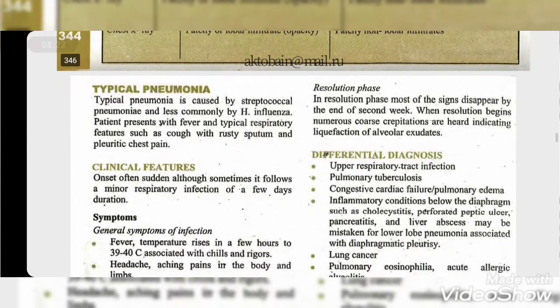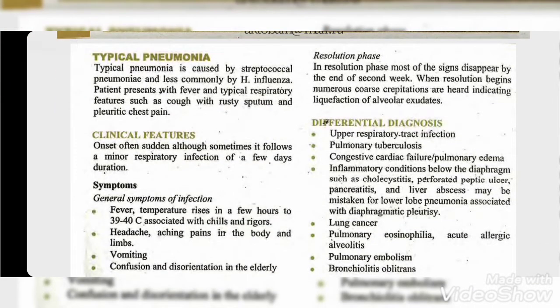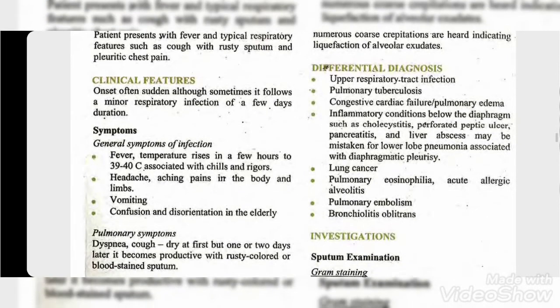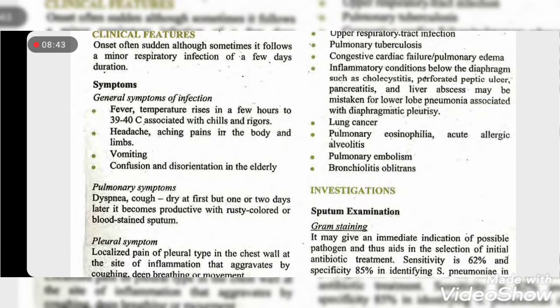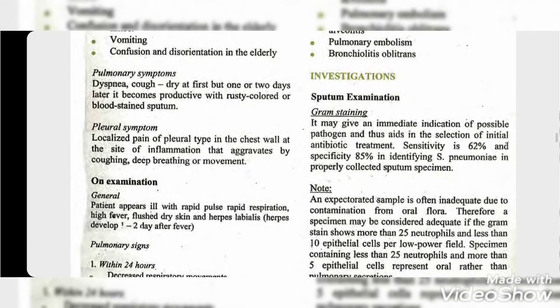So those are the symptoms of typical pneumonia. How do we differentiate? For differential diagnosis, we check for respiratory tract infections, pulmonary tuberculosis, congestive cardiac failure, inflammatory conditions, lung cancer, pulmonary eosinophilia, acute allergic alveolitis, pulmonary embolism, and bronchiolitis obliterans.